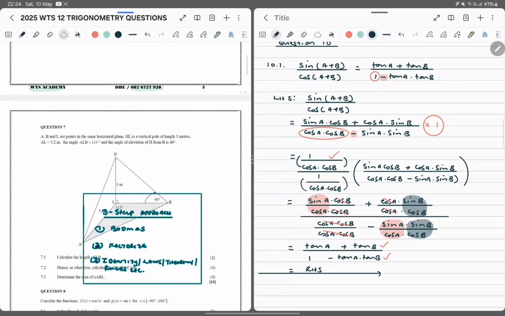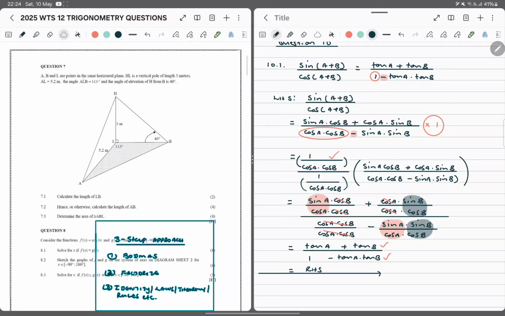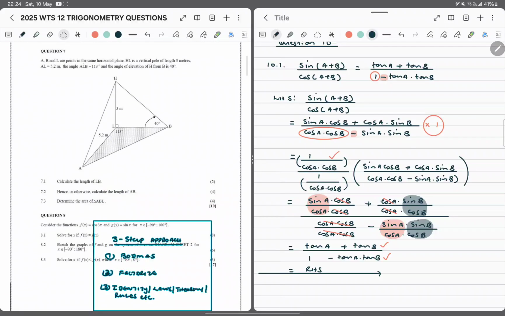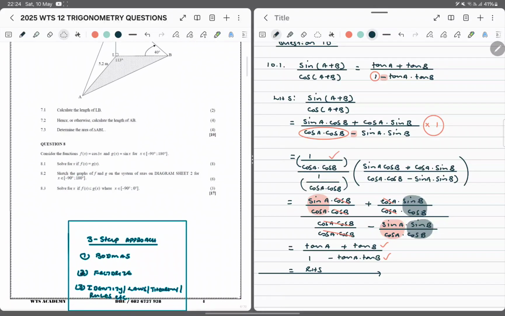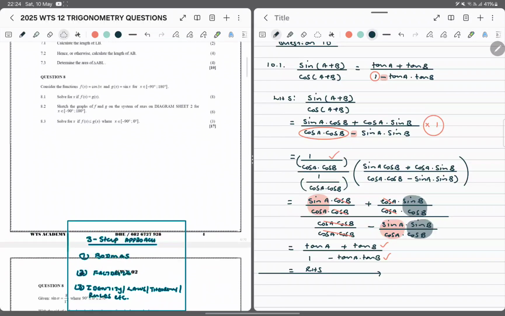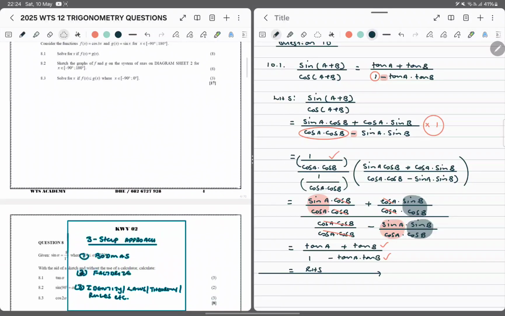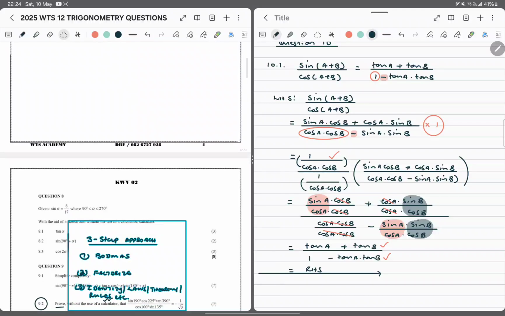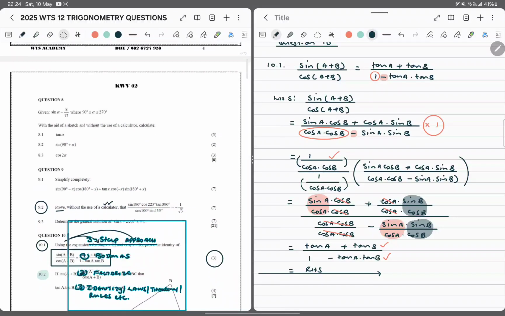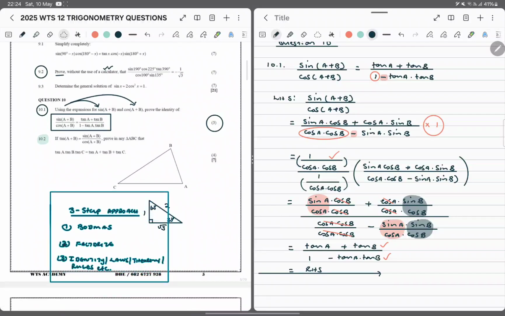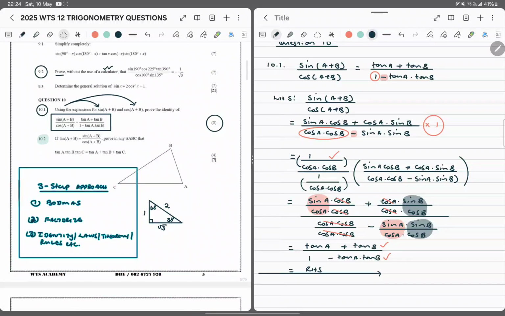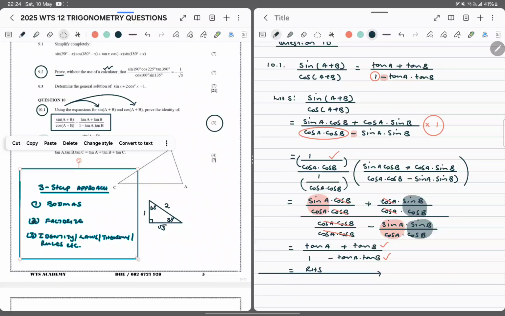Yeah, this thing is moving slowly. Come on.